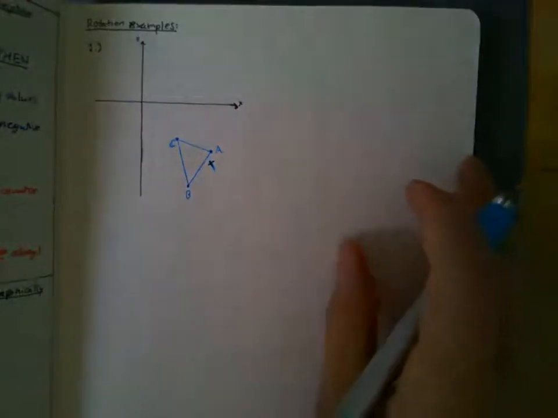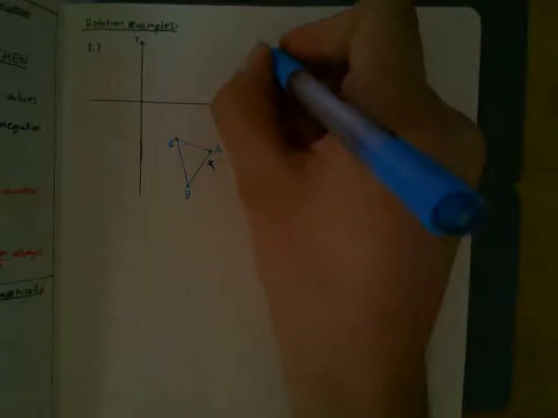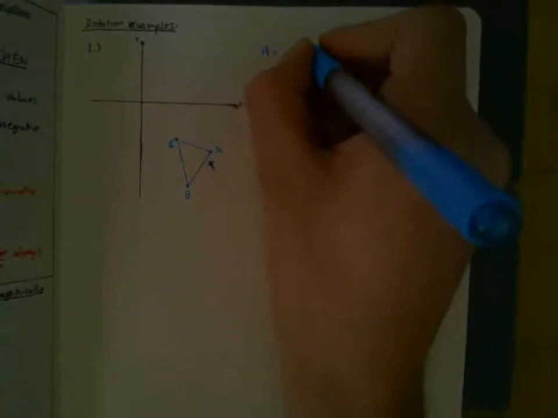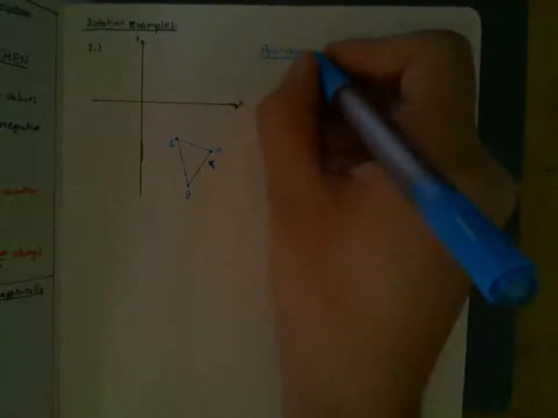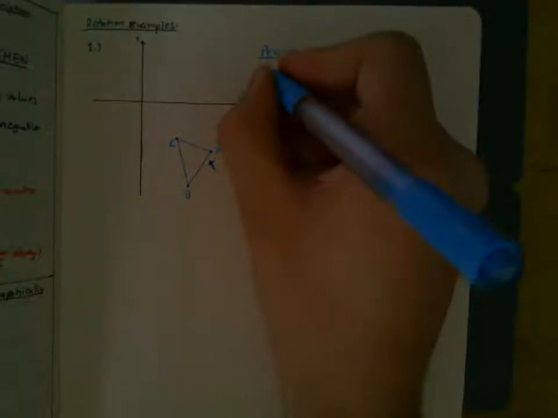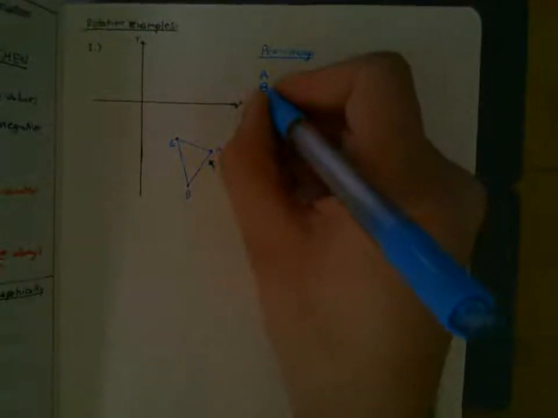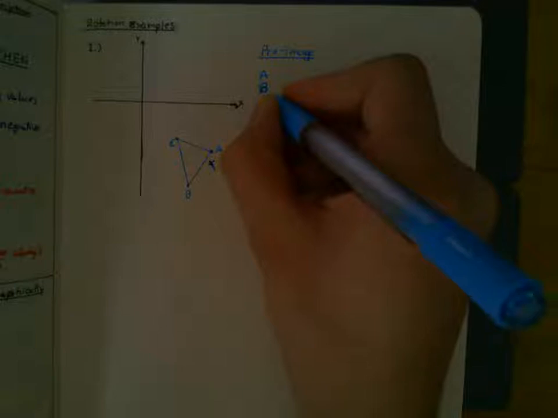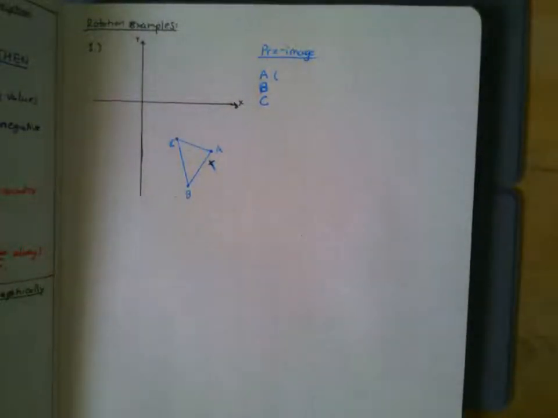And we're going to, so our pre-image B and C. Okay, A is going to be 4.